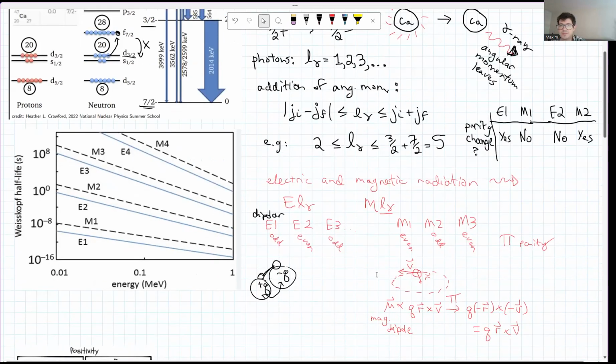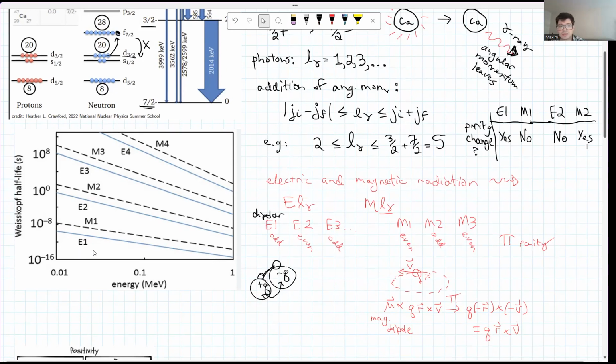So that's the idea. And the other thing, which we might cover later, is that you can actually calculate the probability that one of these gamma ray photons is emitted for a particular transition at a certain energy. And you get these kinds of curves here. This is the half-life of the transition. Remember, it's related to the inverse of the rate, so the smaller the half-life, the faster the rate.